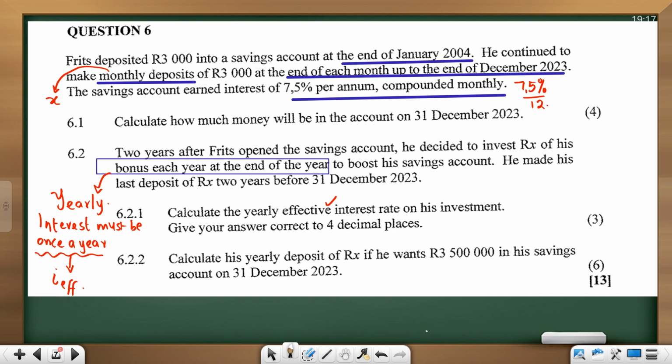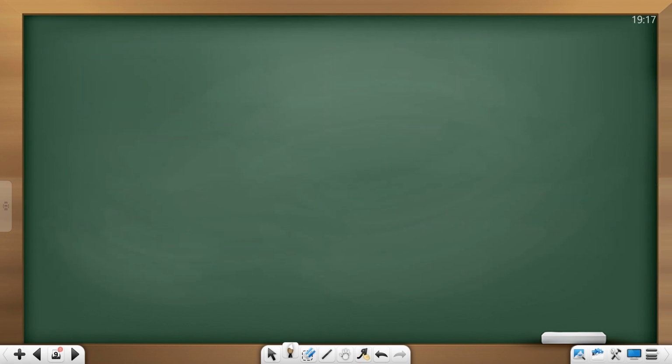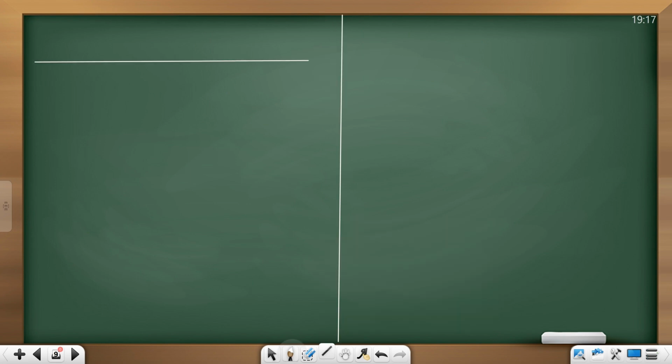My question is, how many deposits is this? How many did he miss? I need us to calculate the number of yearly deposits. They said 2 years after and 2 years before. If you are not sure, let's try to make it very simple for everyone. If you are not sure of what to do, check.